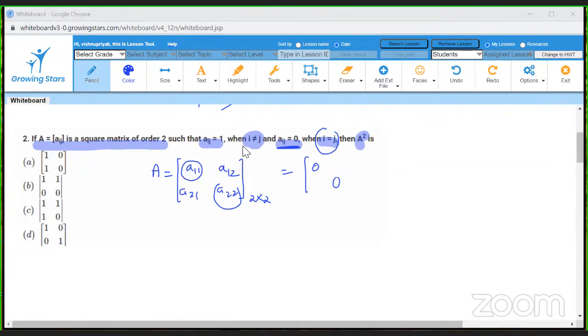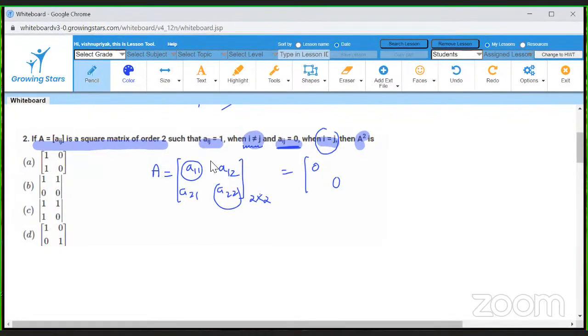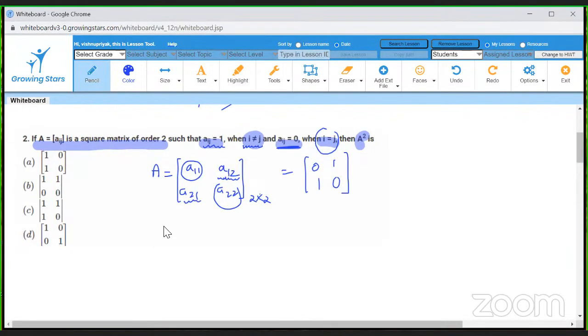And whenever i is not equal to j, the element is 1. Here, i is not equal to j, so it is 1, 1. Now you have to find A square. 0, 1, 1, 0, you have to multiply with 0, 1, 1, 0. First row, first column: 0 into 0 plus 1 into 1.